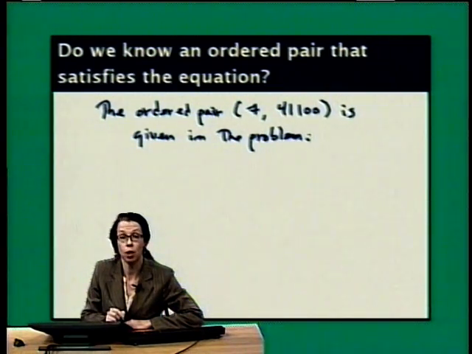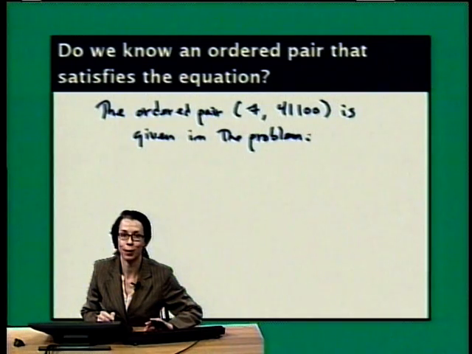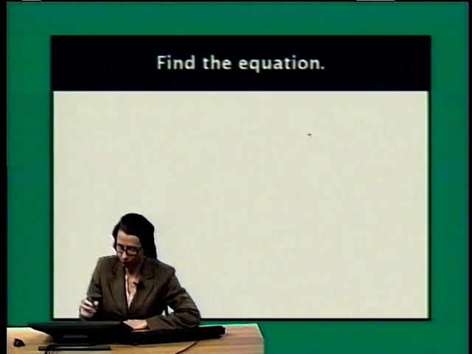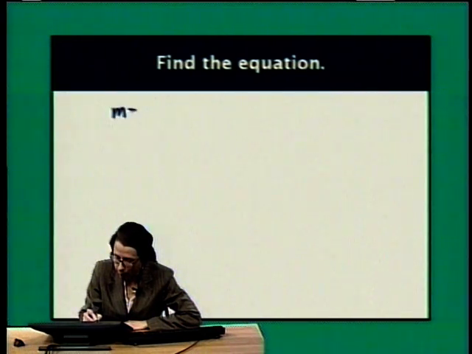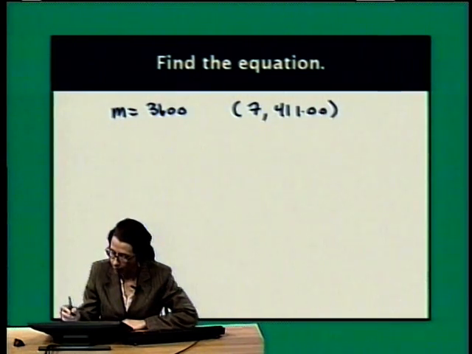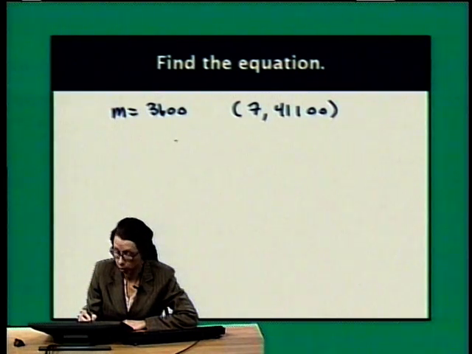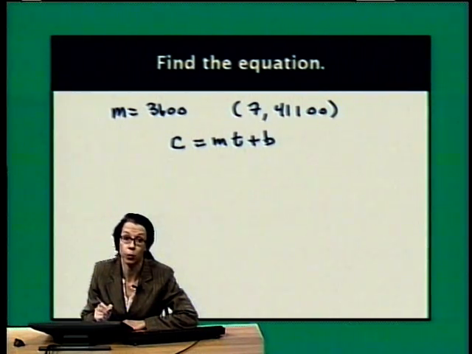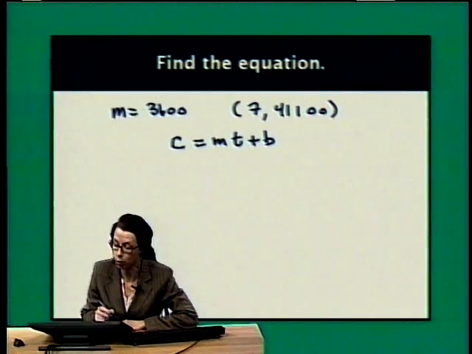So now we have a slope, we have the ordered pair, we should be able to write an equation. So let's find the equation. We have m equals 3,600, we have the ordered pair (7, 41,100). And our linear equation is going to be of the form C equals mT plus b. The variables were defined for us in the statement of the problem.